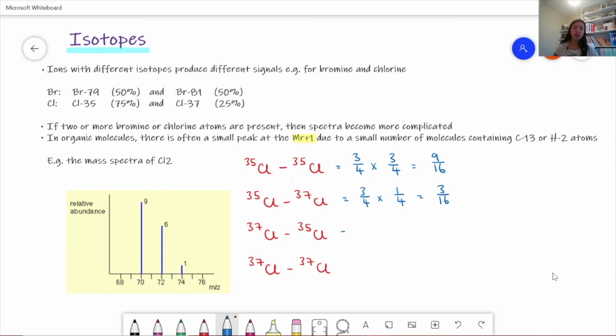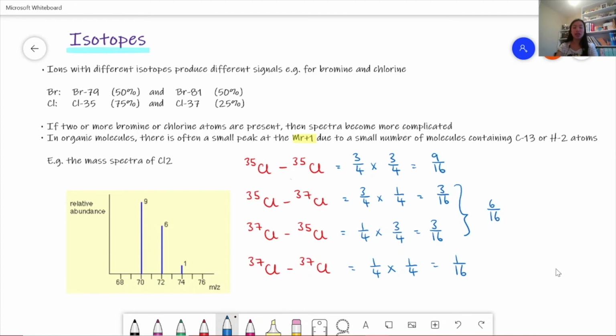And then for this one, we have 1/4 multiplied by 3/4, and this is also equal to 3/16. You can see that these two are exactly the same, and so we add these together, and we have 6/16. And then for the 2 37s, 1/4 multiplied by 1/4, which is equal to 1/16.